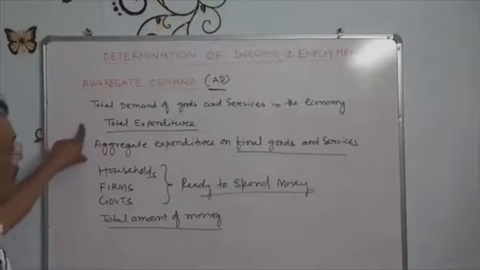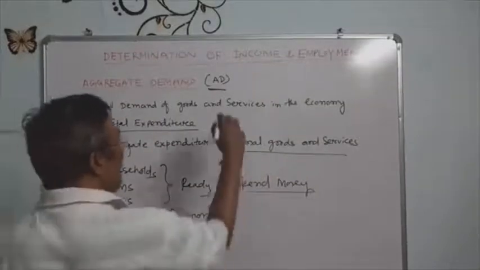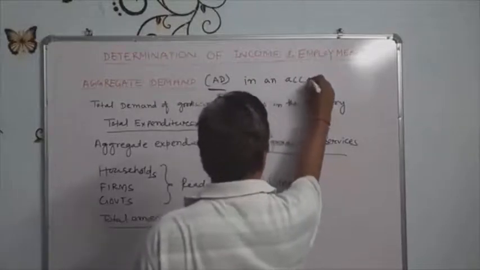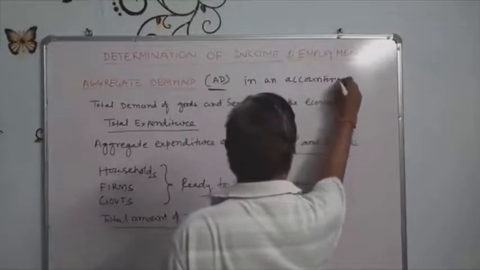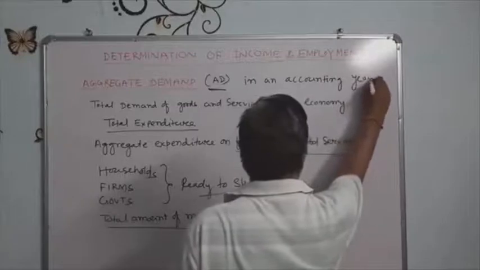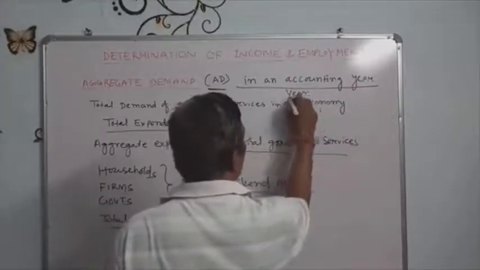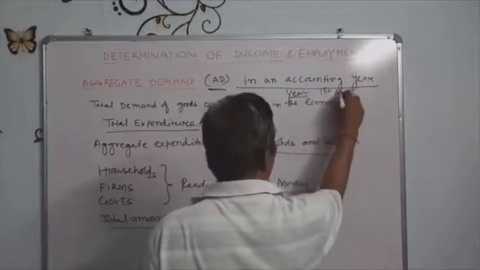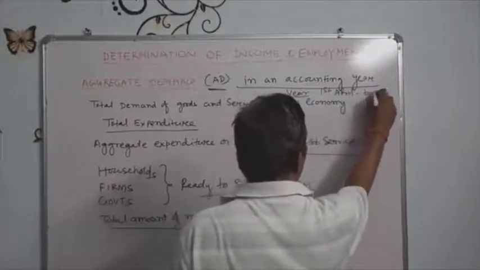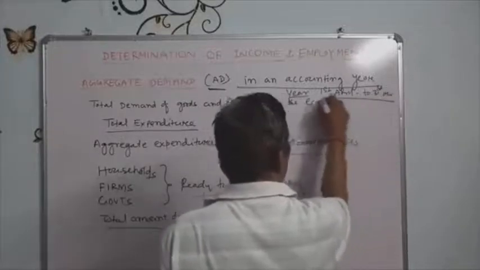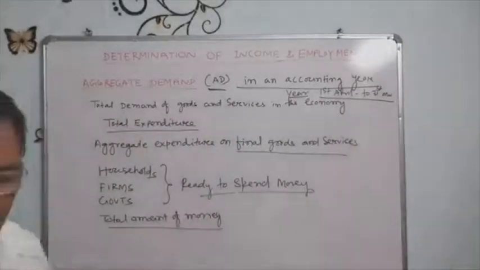These are measured in an accounting year, which is generally one year, starting 1st April to 31st March of the next year.